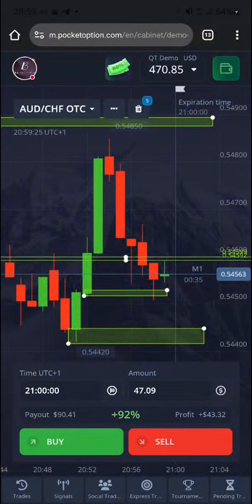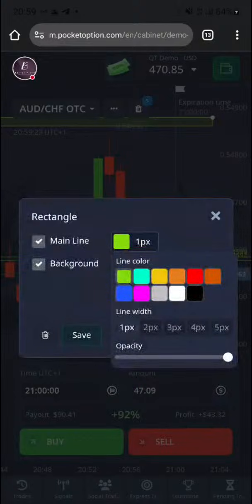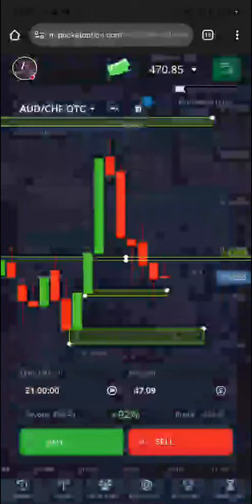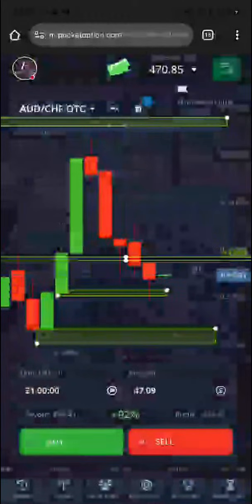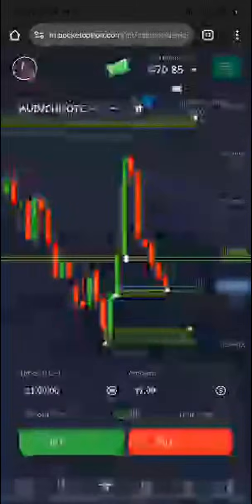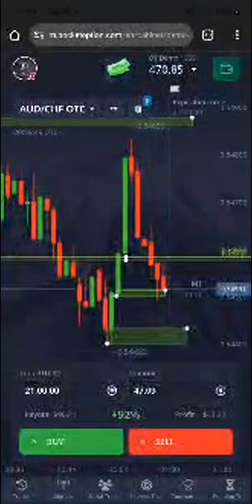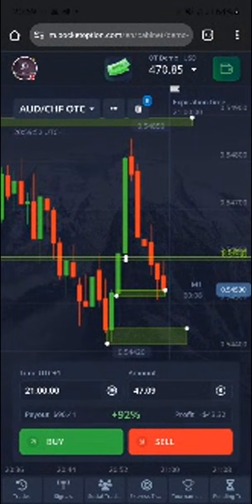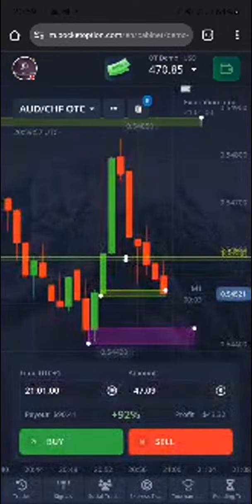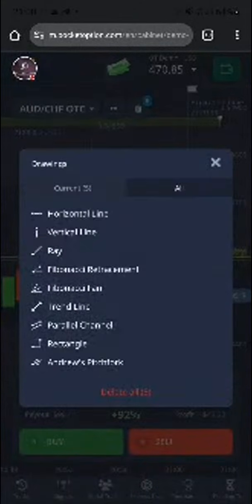You understand? We have an entry down here. We'll wait for it, and that entry is also a demand area. Momentum is coming down right now, so we need to be very careful, because when you see markets moving in short candles like this, we may end up having a very long candle to the downside, or a very long candle to the upside. So we need to be very careful, but we will still go ahead and take our trades. Inside this entry, this exact area is a demand area.